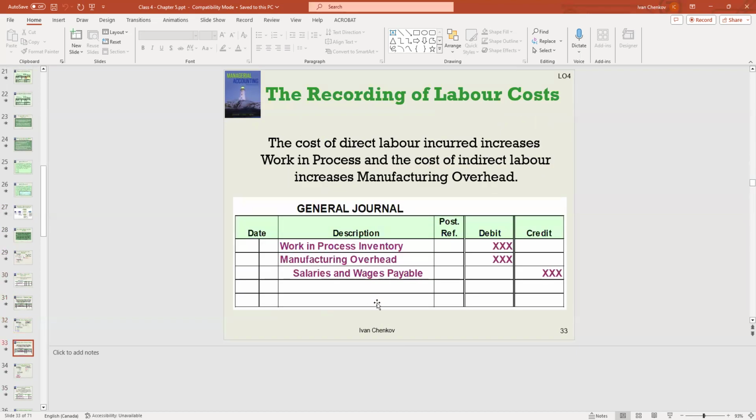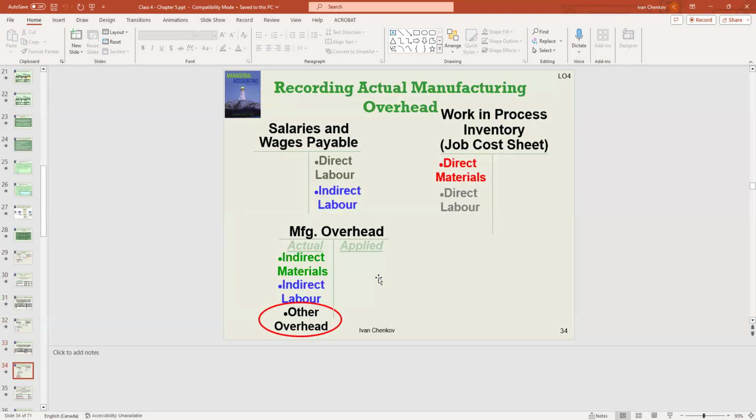So how is that going to look? Debit work in process for the direct labor. Debit manufacturing overhead for the indirect labor, and credit salaries and wages payable for the cost of the labor.